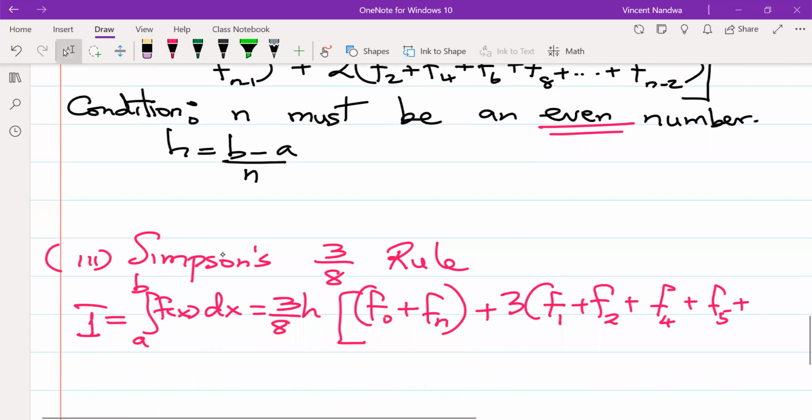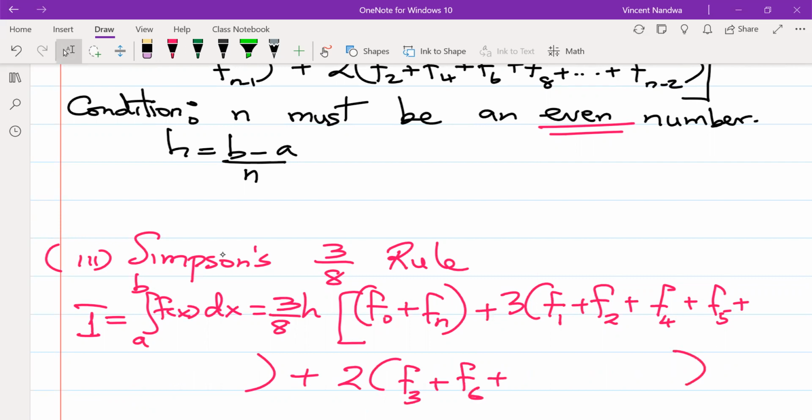Can you tell me the next value? Plus 2 into f3 plus f6. Then I close the bracket.